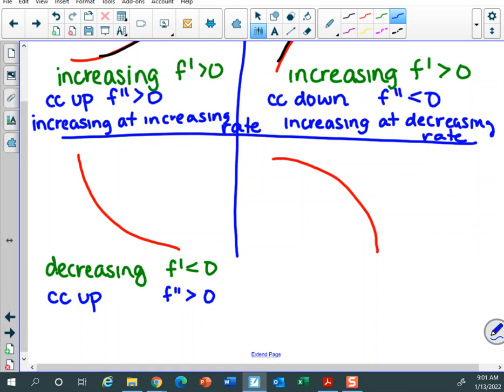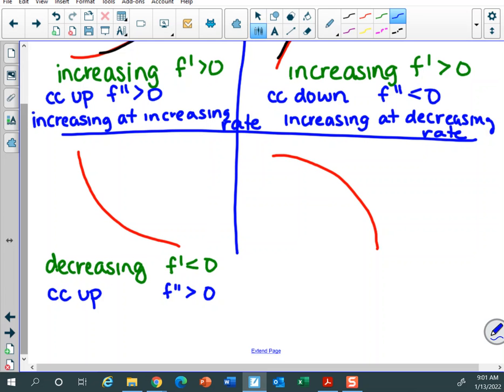For me, the best way to describe this is to say we are decreasing, but the decrease is slowing down.